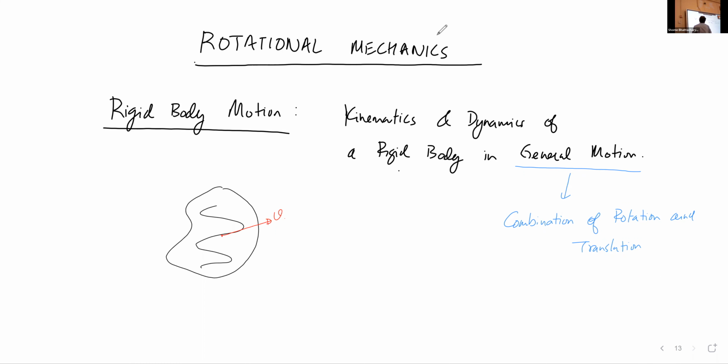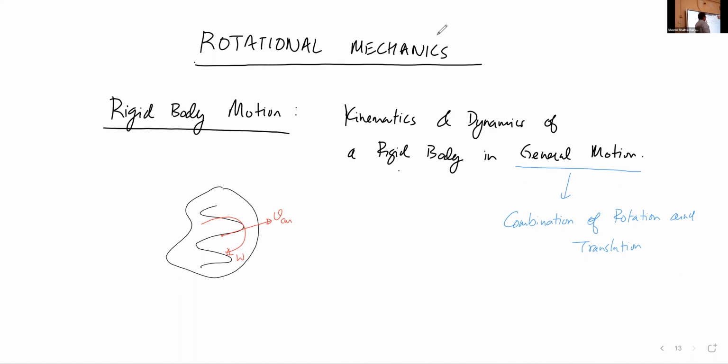Its center of mass has some velocity, and at the same time, about the center of mass, there is some spin also. So we are talking about a rigid body that's going in this type of motion. Okay. So it's a combination of rotation as well as translation. So that is the whole purpose. Rigid body motion, the most complicated case of this is this.